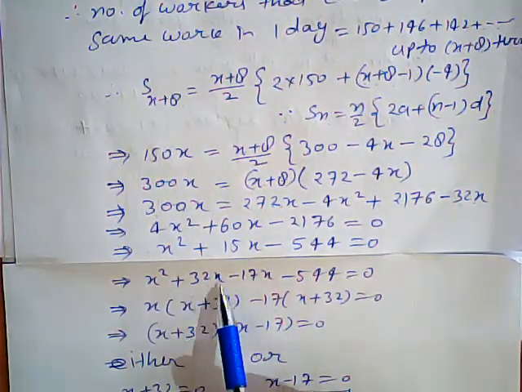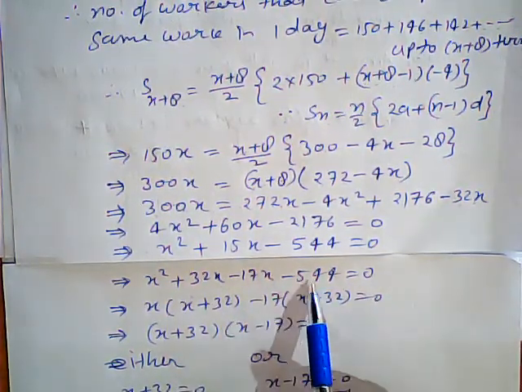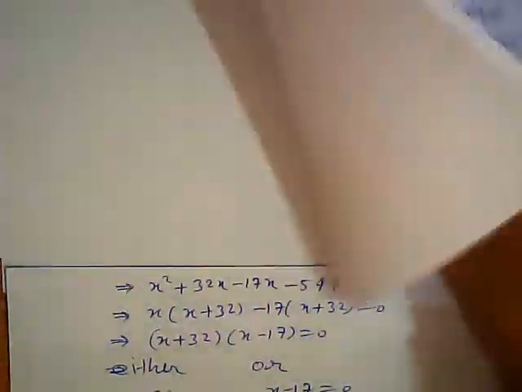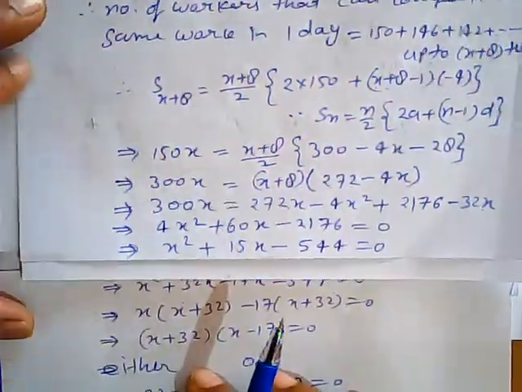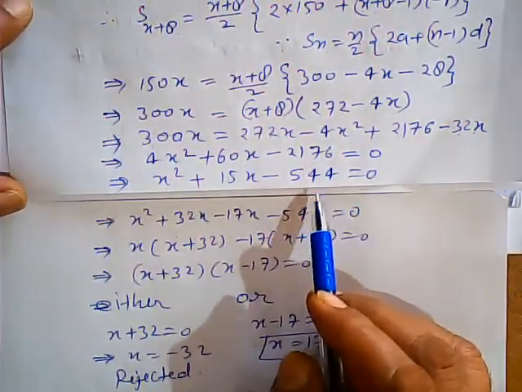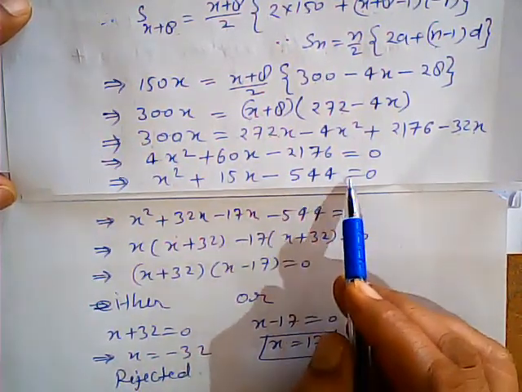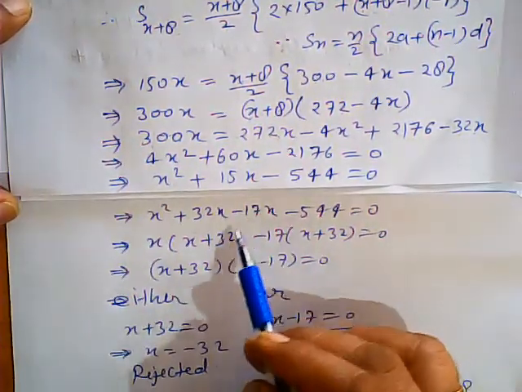x square plus 32x minus 17x minus 544 equal to 0. Why? When we have to factorize this by splitting the middle term, what do we get? The factors of 544 such that their difference is 15.